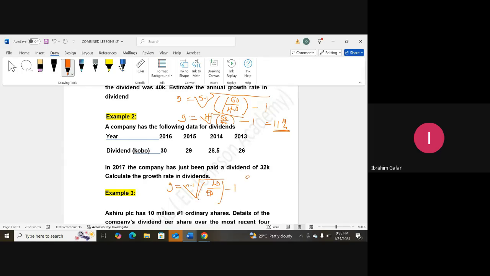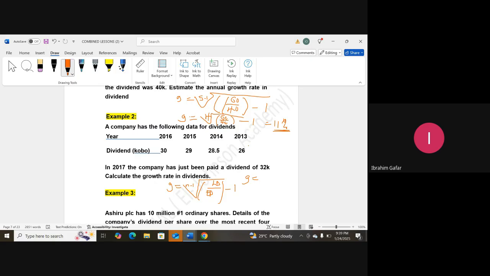Then, if we want to solve this, what is our N here? Our N is 30 kobo? No, N is number. N is 5 years? 1, 2, 3, 4 years. It cannot be 5. Let's see. 1, 2, 3.